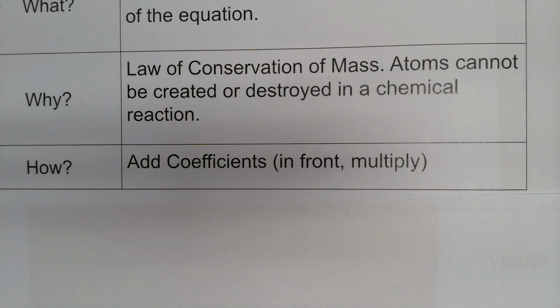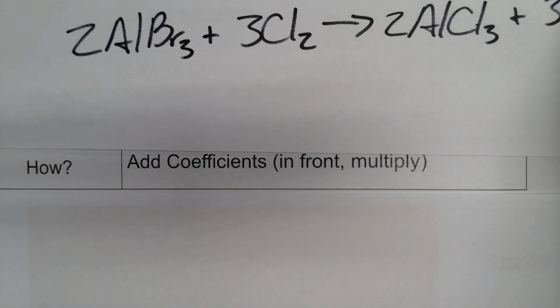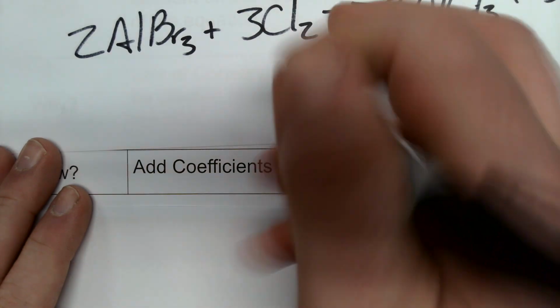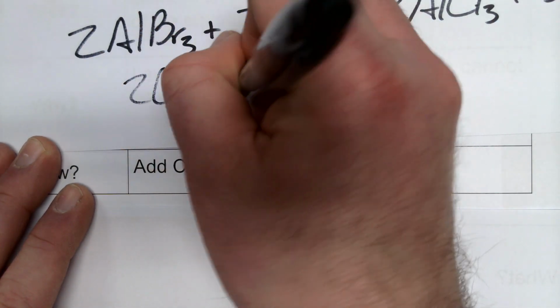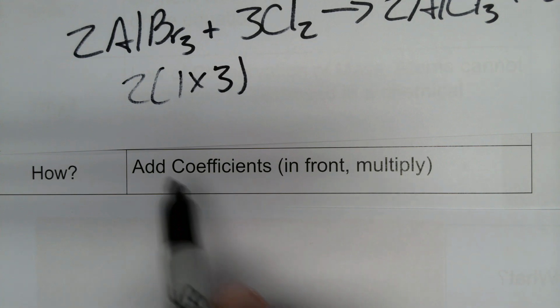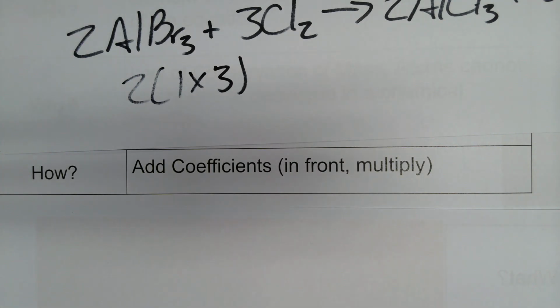You have heard this term before, but when you saw these numbers in the front, that's a coefficient. Same thing as a coefficient in algebra. If I have 2 outside parentheses of 1 times 3, I have to distribute that 2 to the contents of my parentheses before I can move forward, right?